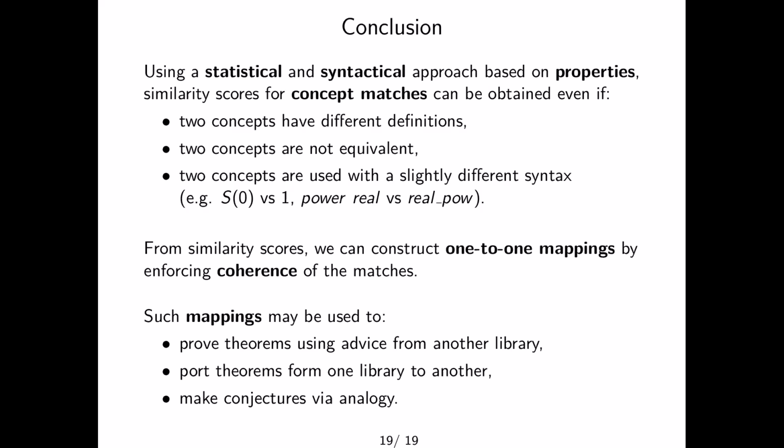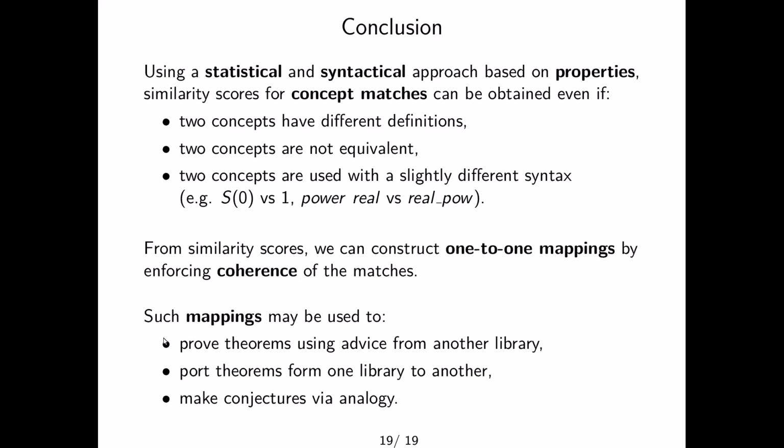So we choose subterms, usually frequent subterms, and we make one constant out of them. And this is an efficient mapping. And you get similarity scores. And then we construct one-to-one mappings by enforcing coherence between the matches of the matches.